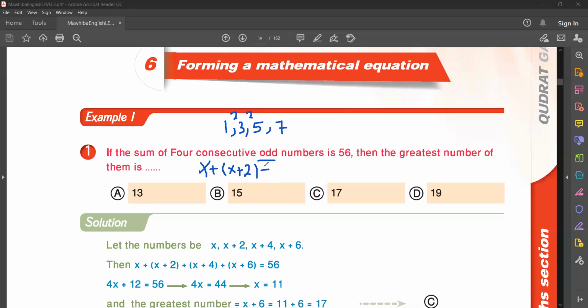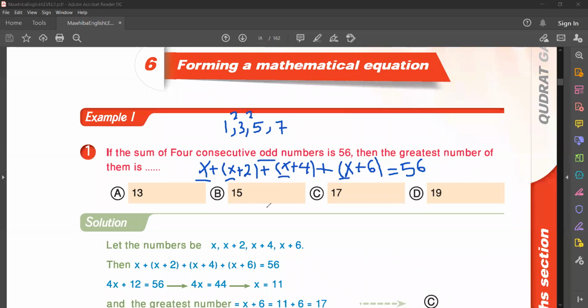Now, what is the third number? The third number will be X plus 4, right? And the fourth number is X plus 6. All of them, when you add these numbers, equal 56. Now you can add the variable x's: x plus x plus x plus x.